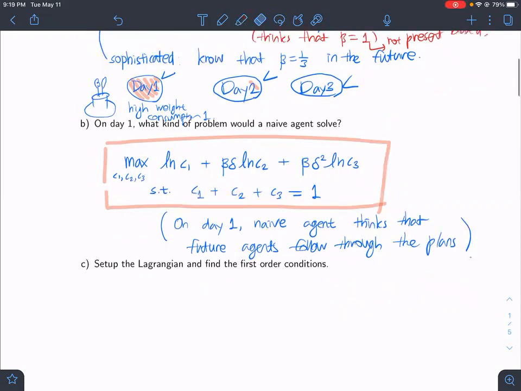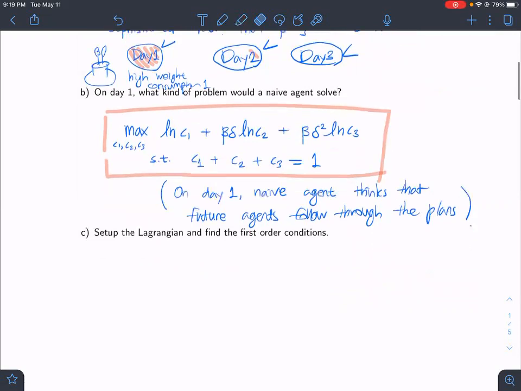So this is what the naive agent will solve. Let me set the Lagrangian and then find the first order conditions. When you face this kind of question in economics, the first step is setting up a Lagrangian. This wiggly L just stands for Lagrangian.